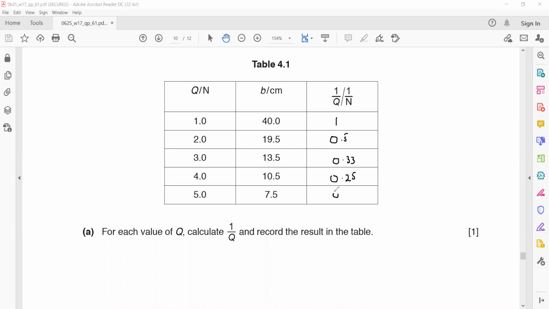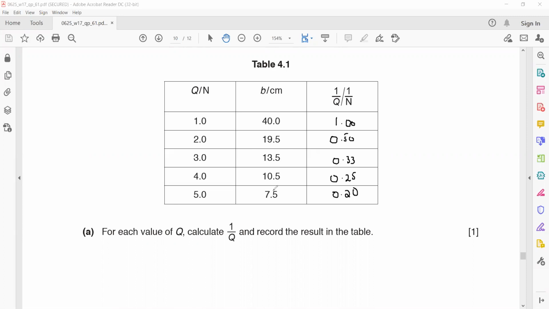Then 0.2. But when I complete a table, my table should have an equal number of significant figures. So how can I have an equal number of significant figures? Either use the same number of decimal places, so 1.00. Significant figures might not be the same, but when you complete a table, you should use equal number of decimal places.